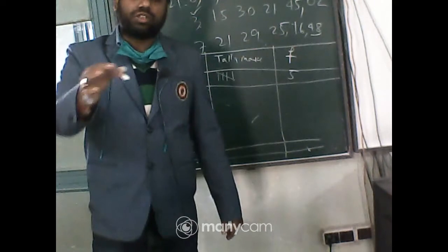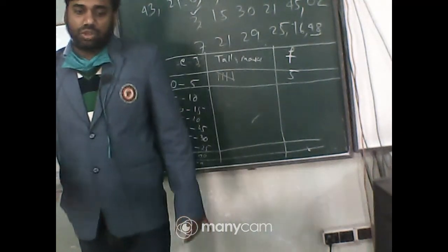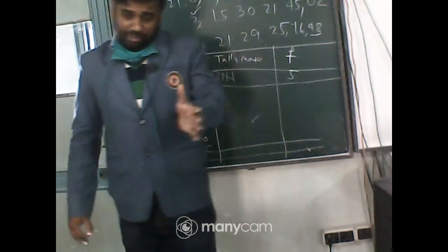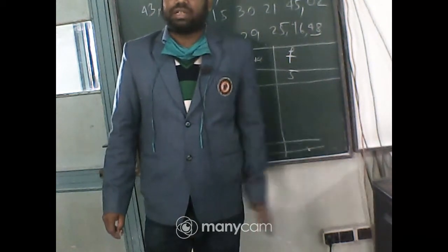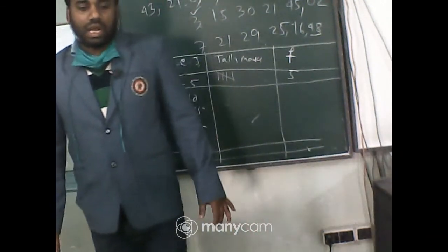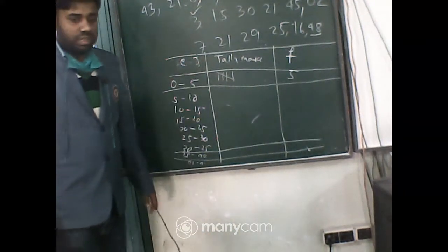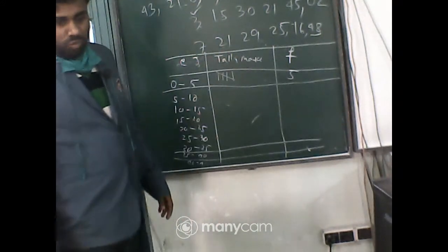No, the continuous form and discrete form I will discuss later. If it is given in discrete form, then we have to change it into a continuous interval. I will teach you that later.